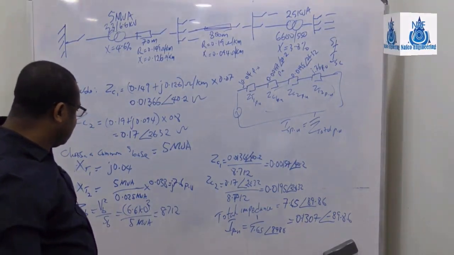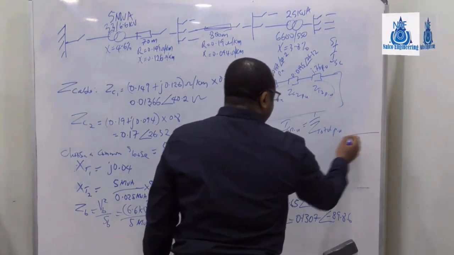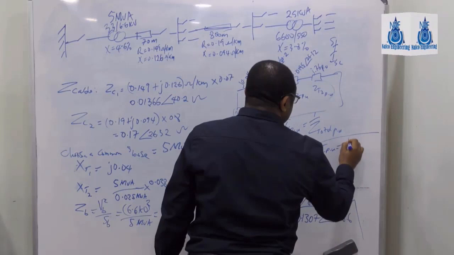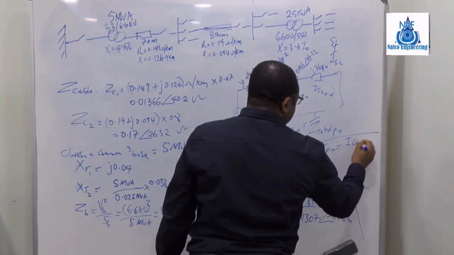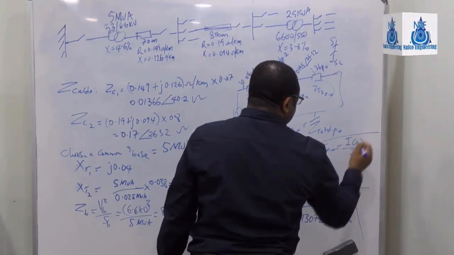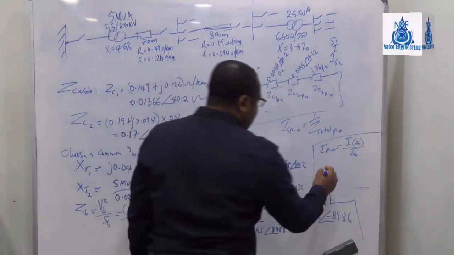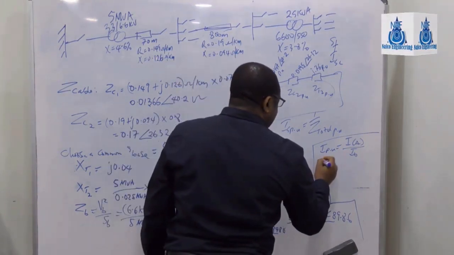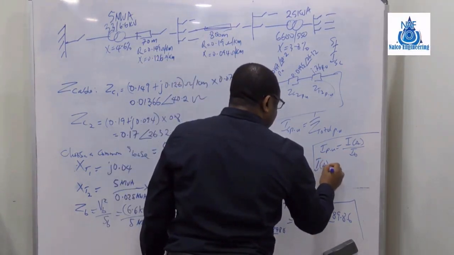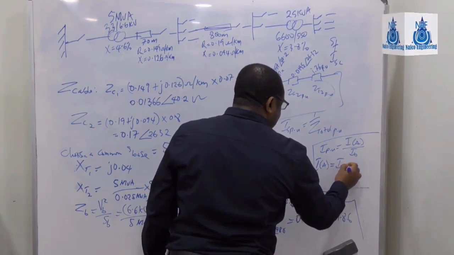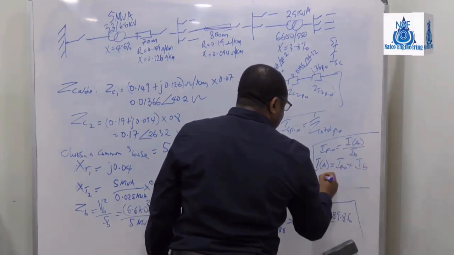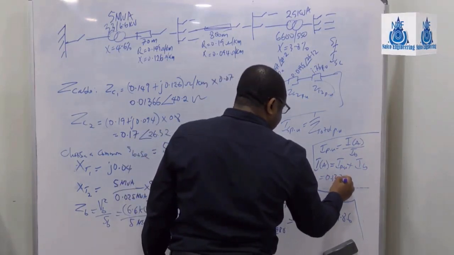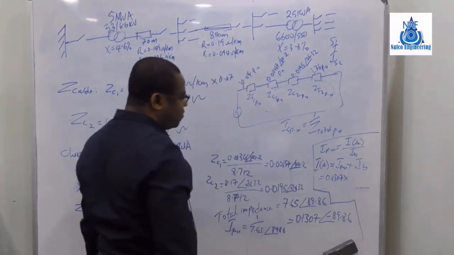All right, so you convert to amperes. I per unit is I in amperes over I base, which means that I in amperes is I per unit times I base. So it is 0.1307 times the base.